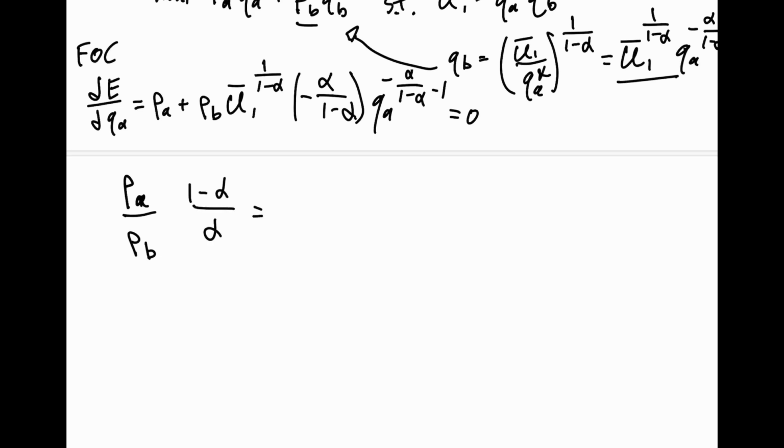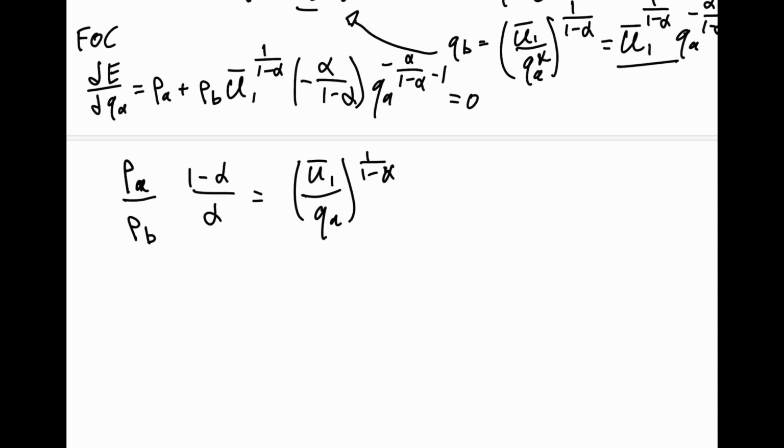And then this is all equal to U bar 1 over QA, which is 1 over 1 minus alpha. Okay, so then solving out for QA explicitly, this is our Hicksian demand curve.